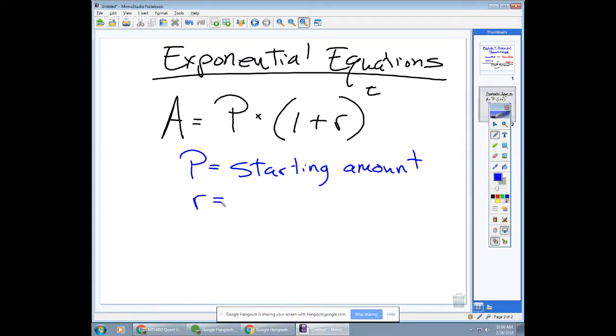R, usually R is some kind of annual rate. And if R is an annual rate, what can you tell me about T for time? It's got to be years. Yeah, time has to be years. So whatever period the rate covers, the variable for time has to cover the same period.